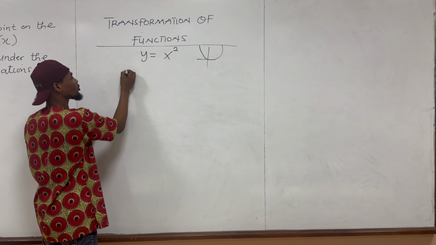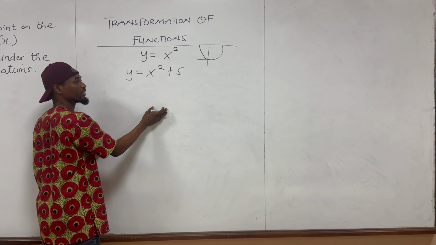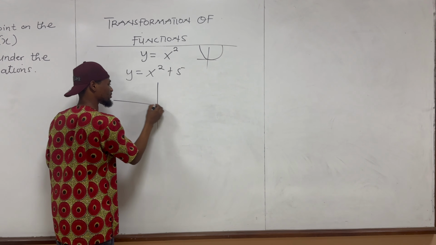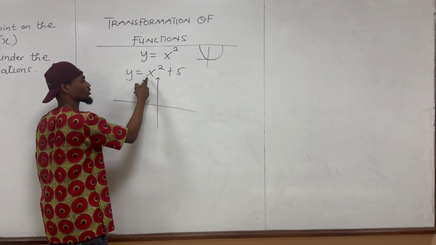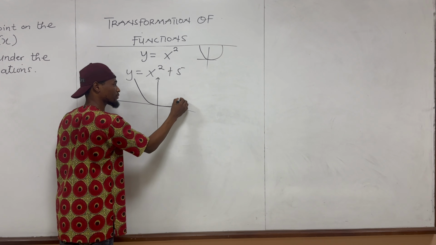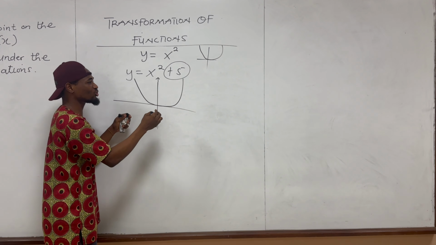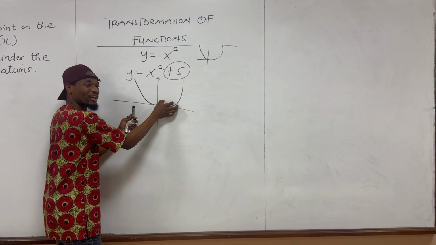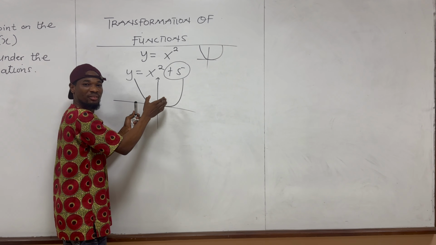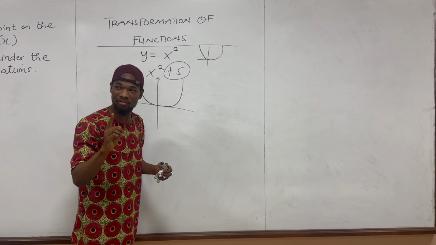So let's graph y is equal to x squared plus 5. The same analogy. We know that x squared will give you this form, and the positive 5 implies we are going to move this curve vertically upwards by a unit of 5.